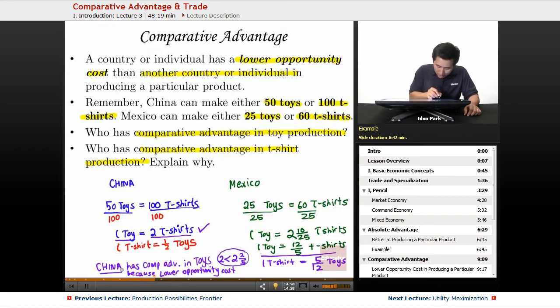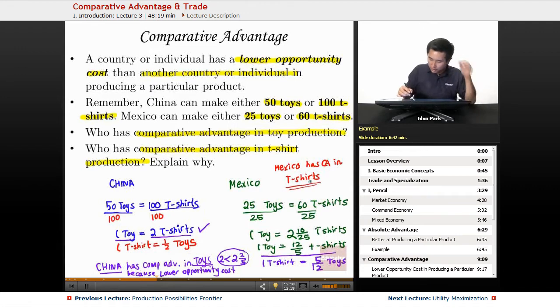So China has comparative advantage in toys here. Now, we don't really even have to work out the other situation, who has comparative advantage in t-shirts. We can just say, because China has comparative advantage in toys, Mexico has comparative advantage in t-shirts.